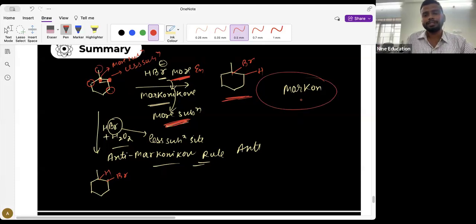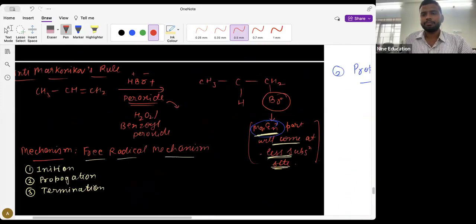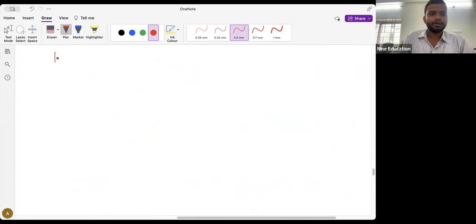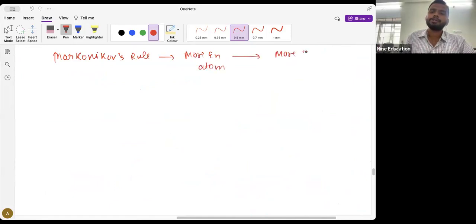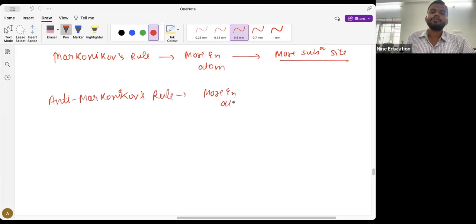So always remember, by summary I am telling you again, last time I am telling you, यहाँ देखें. Always remember, Markonikov rule tells more electronegative atom will come at more substituted site, and anti-Markonikov rule tells that more electronegative atom will come at less substituted.